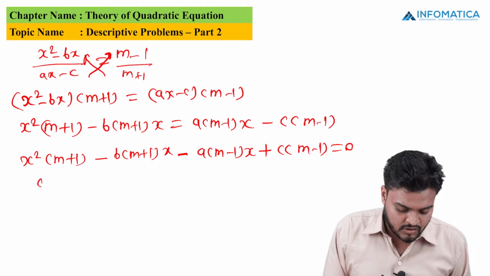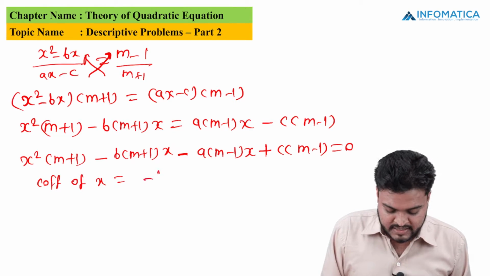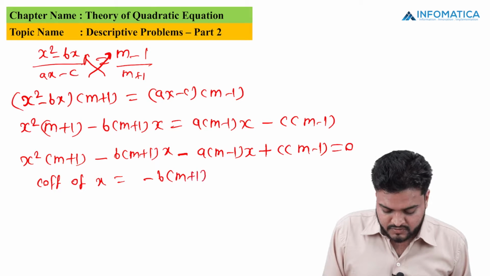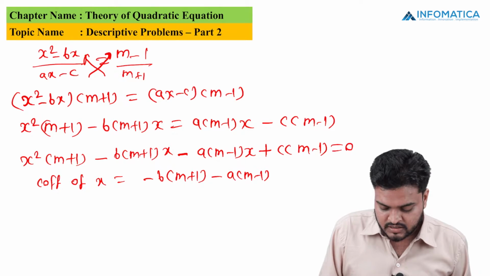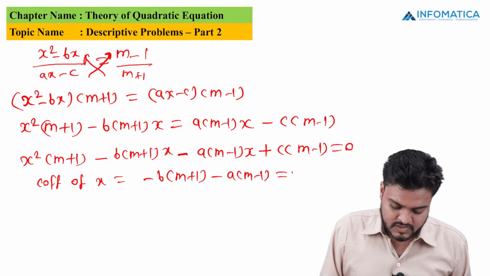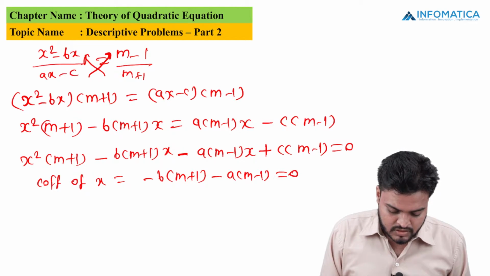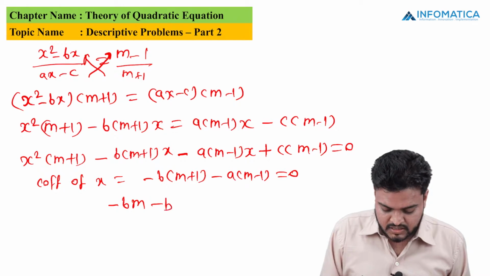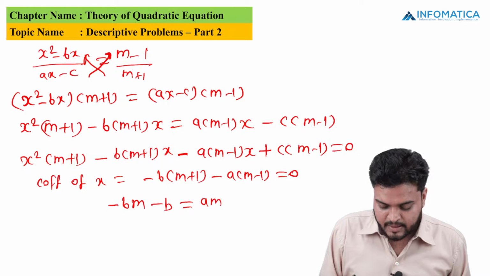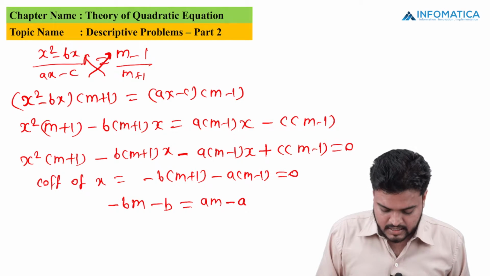So the coefficient of x is equal to minus b into m plus 1 minus a into m minus 1 is equal to 0. So here I can write minus bm minus b is equal to am minus a.